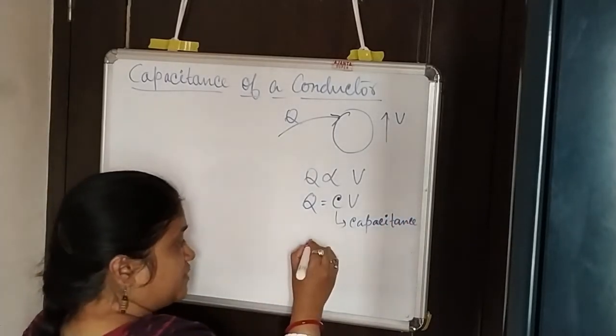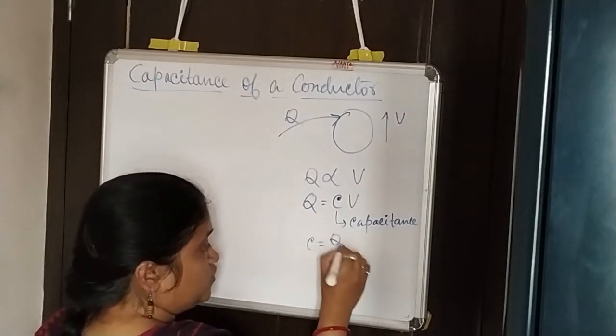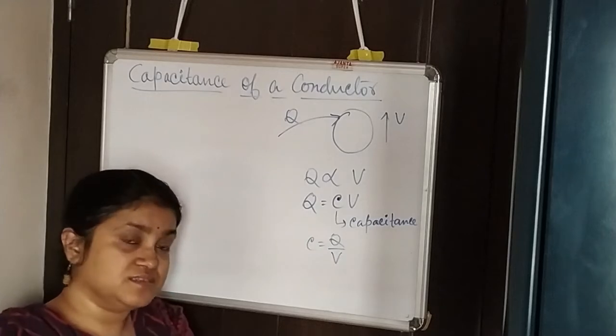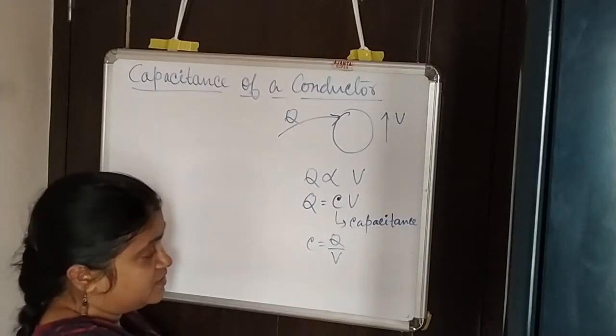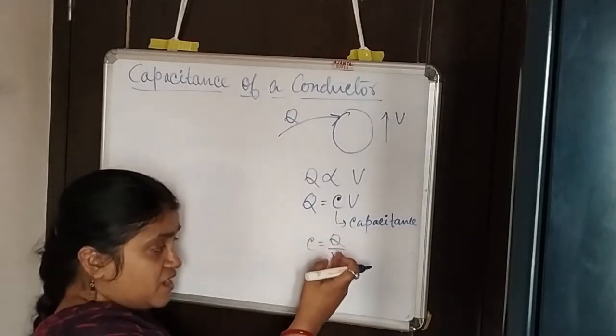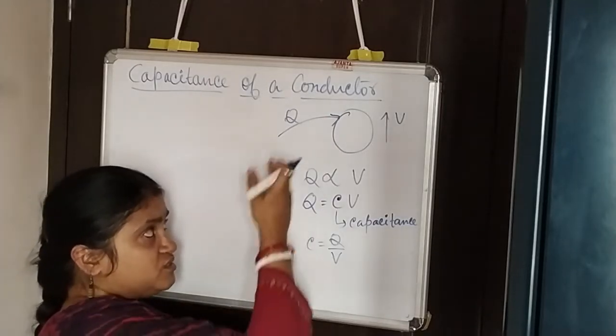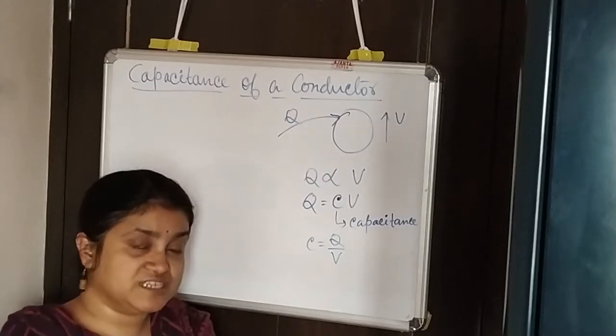If you want to find the capacitance, which is equal to Q by V, we can define a capacitance in a way that it is the rise of the potential due to the Q amount of charge given.